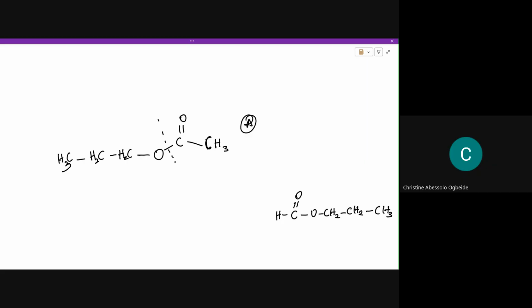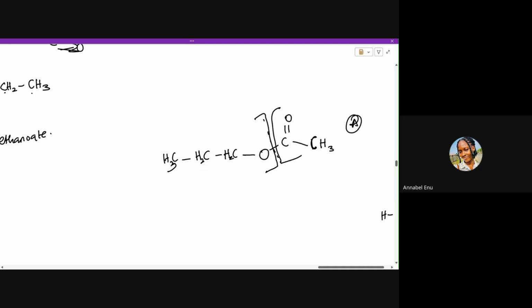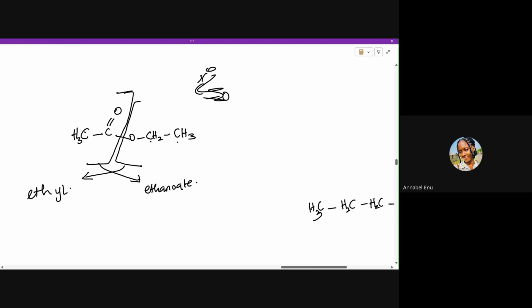Propyl ethanoate. Very good. That's just it. I said the part that the oxygen is leading, when we divide this, it is like this. This time around, I switched it. Usually the oxygen part is already at the back, just as in these examples, so you don't have to do this crossing again.